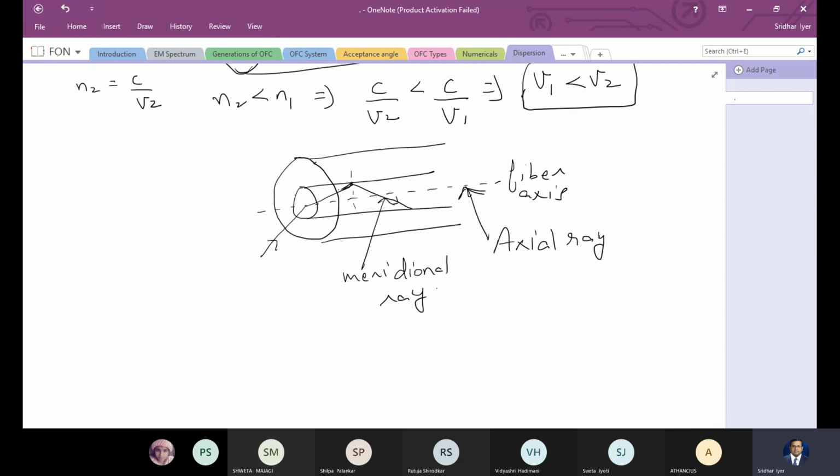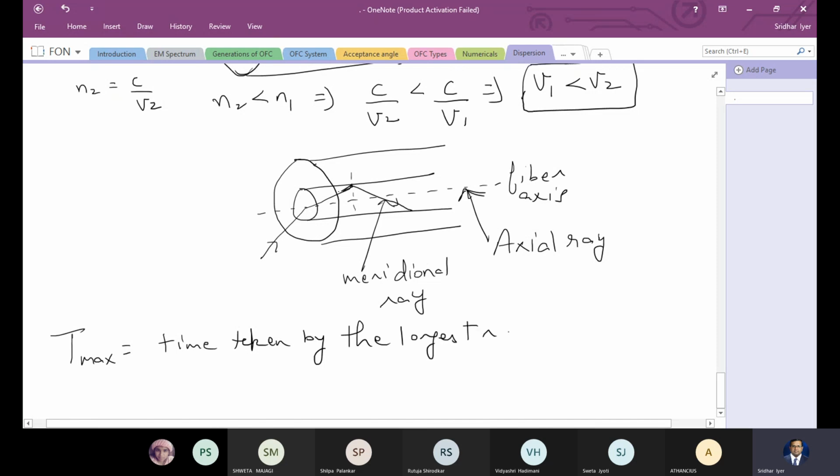So now the denotation is T max, the maximum time, and this is the time taken by the longest ray to reach the output.